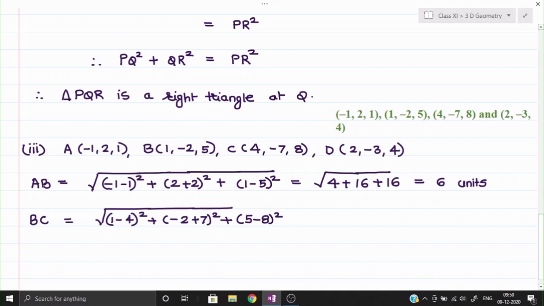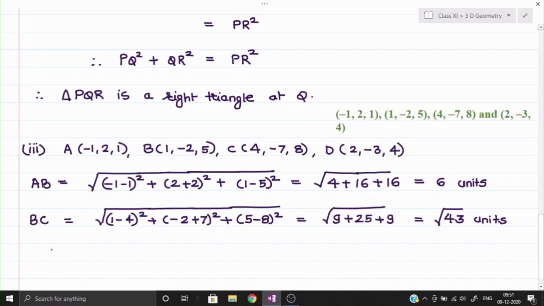Okay, so we can find out now its value here. So it can be equal to under root of 1 minus 4, 3. The square of 3 is 9. 7 minus 2, 5. The square is 25. And again it will be 9. So 25 plus 18. Looking a little odd over here because first value is coming very proper. We shall rectify if any mistake we have done, if it is not coming equal to the other sides.